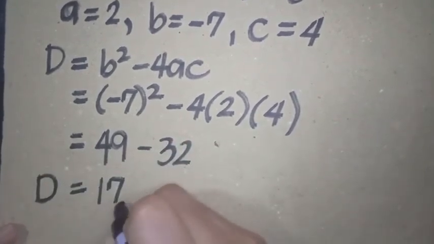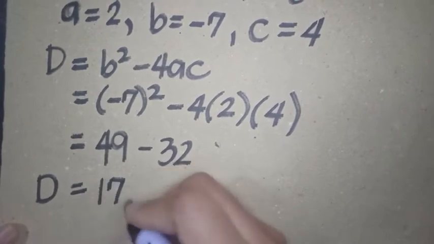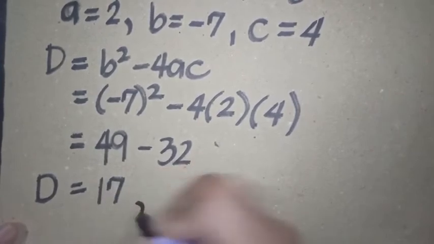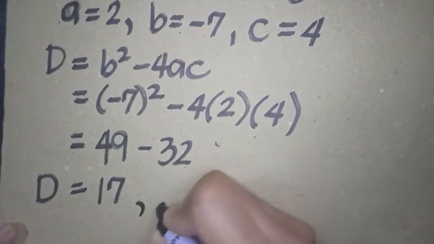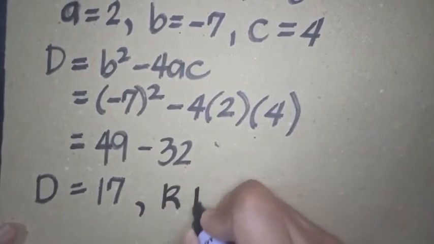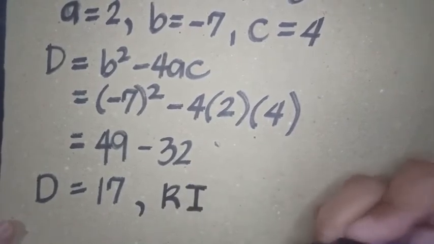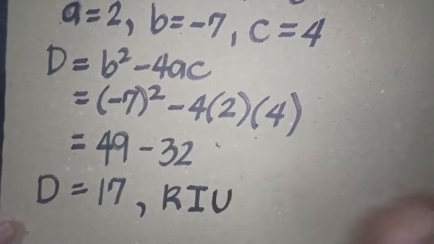So if the discriminant is positive and it is not a perfect square, 17 is not a perfect square. So since hindi siya perfect square, therefore the roots are real pa rin, pero this time it is an irrational number. Irrational yung root natin and still unequal. Okay?